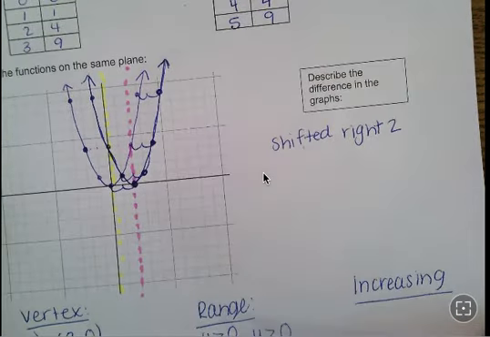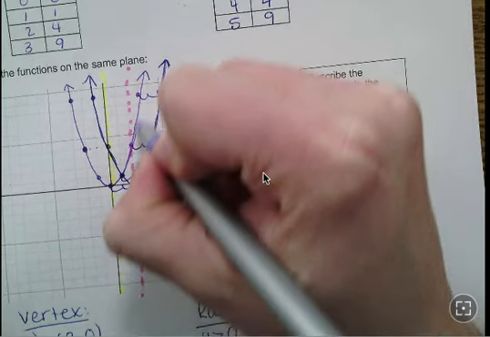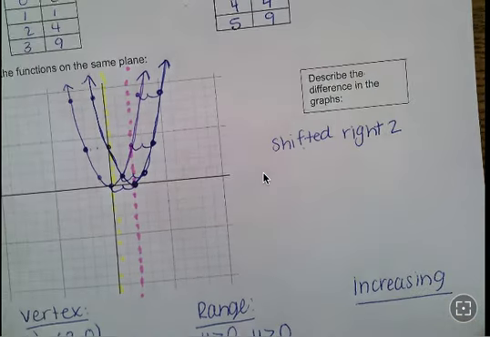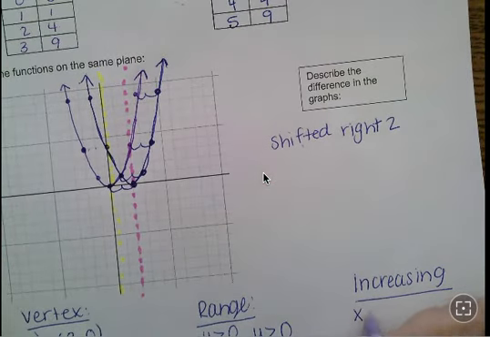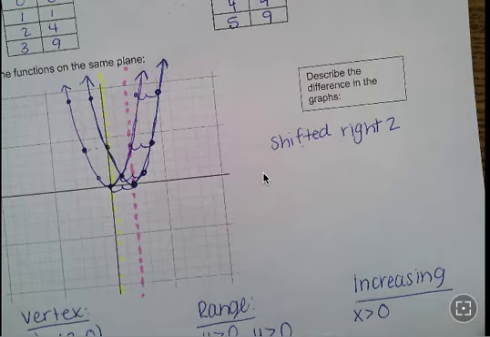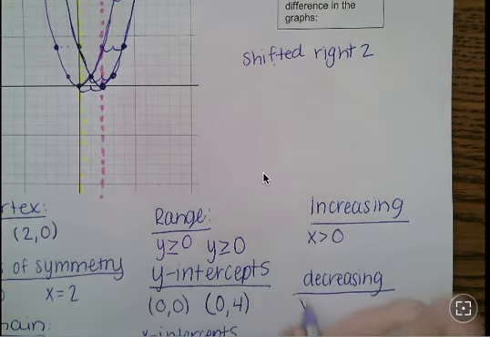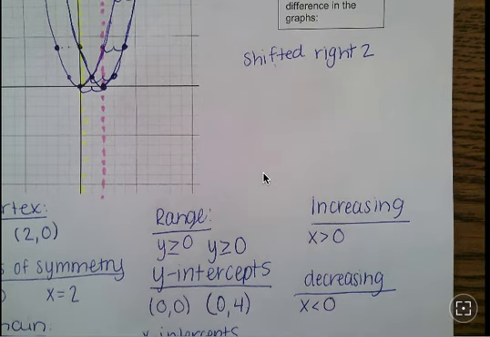Okay, so let's start with the purple graph. The purple graph is increasing on its way this way. And remember, we compare increasing intervals to the x value. So we're increasing starting here where x is bigger than 0. All right? And we're decreasing on the other side of that same value. So that means we're decreasing at x is less than 0. Okay?